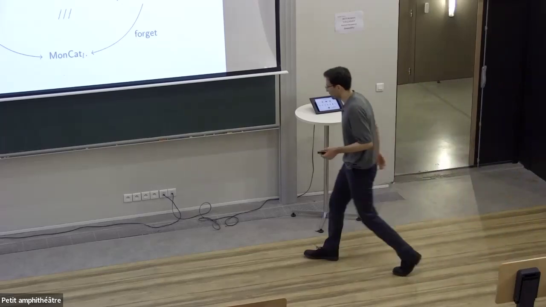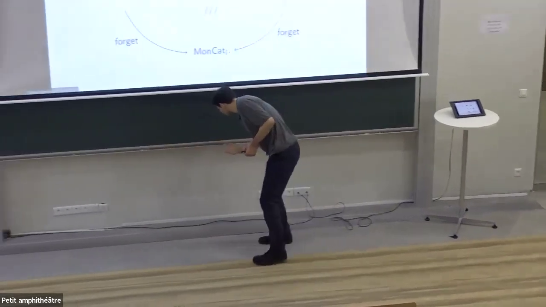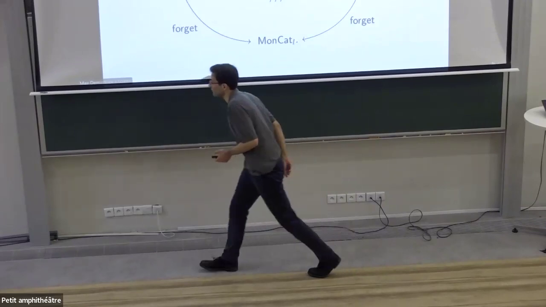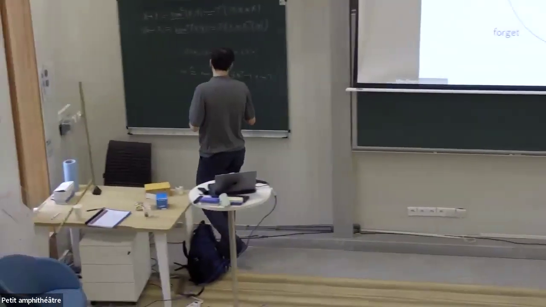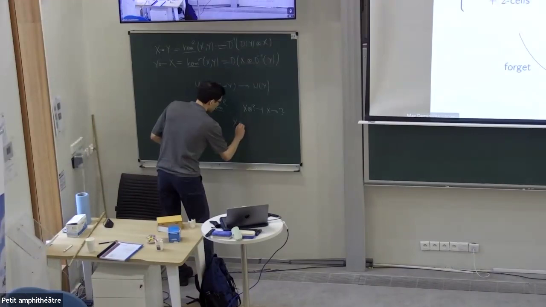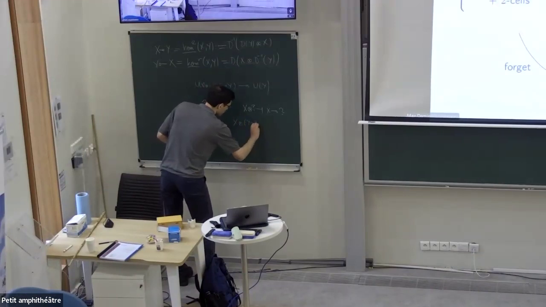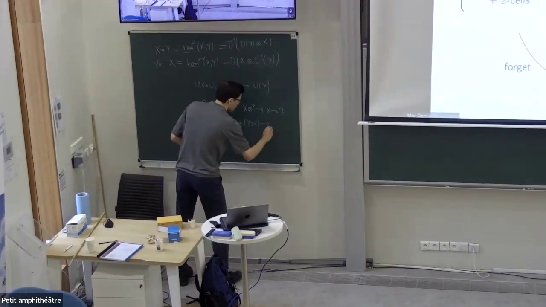And there is such a morphism, which goes under the name of distributor, and these are morphisms of the following form.